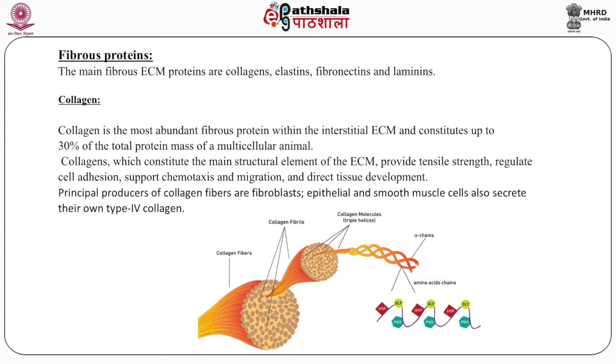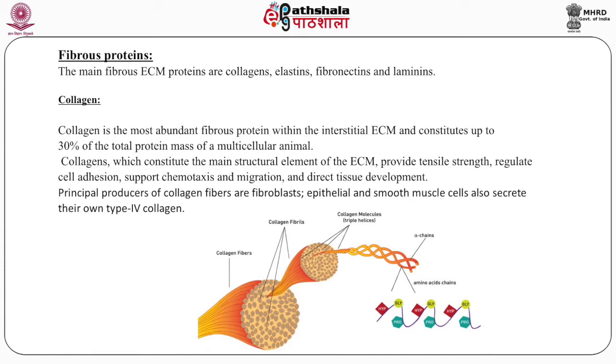Starting with collagen, collagen is the most abundant fibrous protein within the interstitial ECM and constitutes up to 30% of the total protein mass of a multicellular animal.